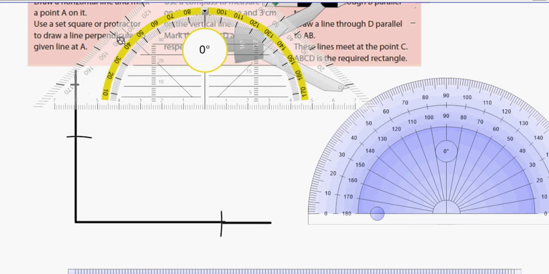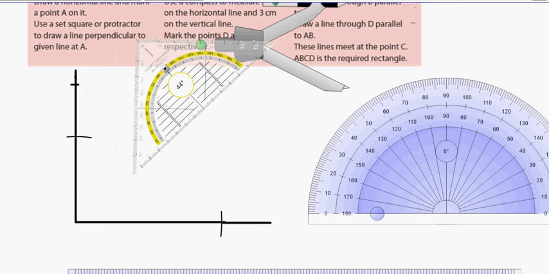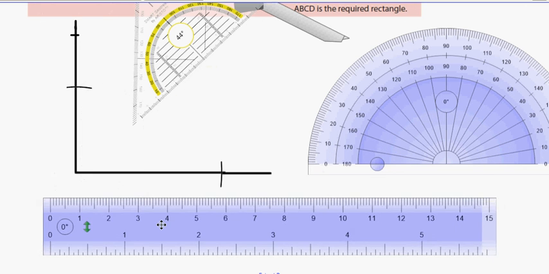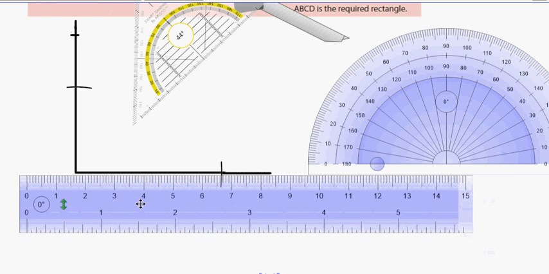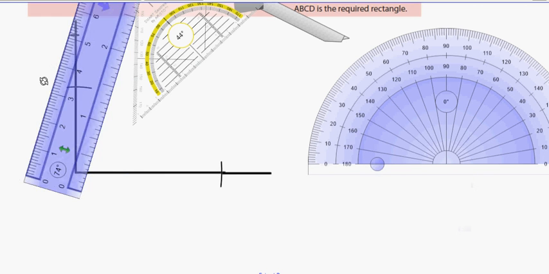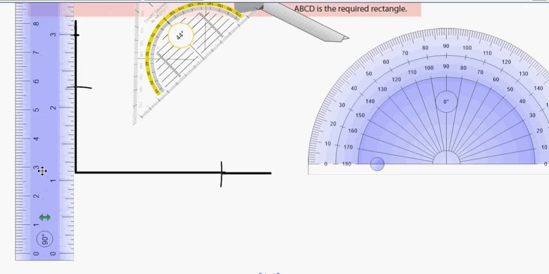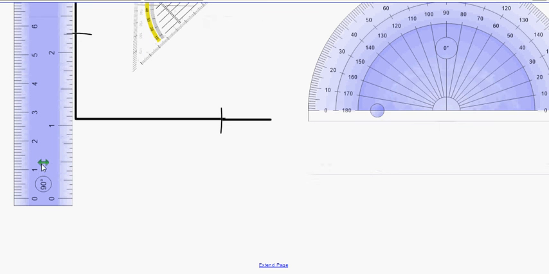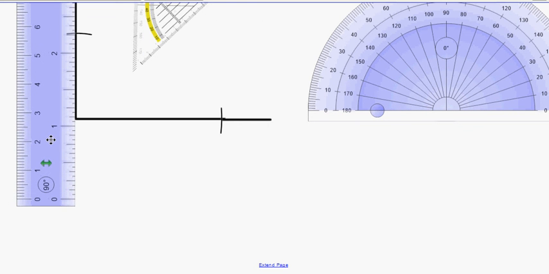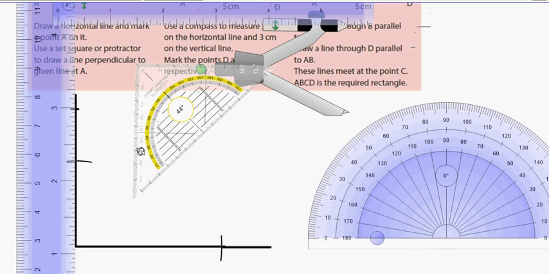Now, what we're going to do next is this. Probably should make that a bit smaller. Okay. So here's my ruler. Here's my set square. Okay. So, I'm going to tilt it up like so. I'm going to make sure it's parallel to this straight line here. Now that I have that done, I'm going to get my set square.